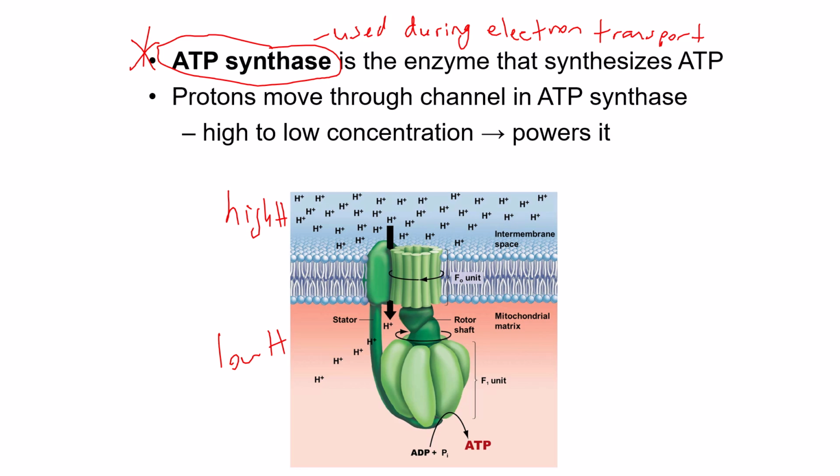Now, the number of ATPs can vary. It depends on if things are going well according to plan, but here we're going to end up making 24 ATPs. Oh, wanted to point out, if you see the word proton, this just refers to the hydrogens. Okay, so they move through the channel ATP synthase. It only works high to low.